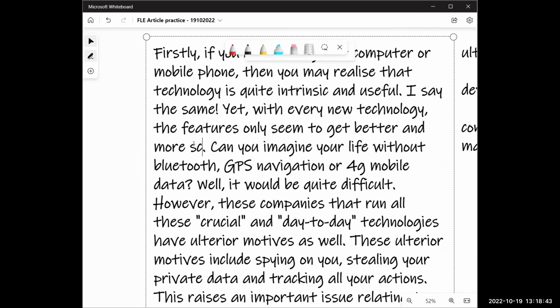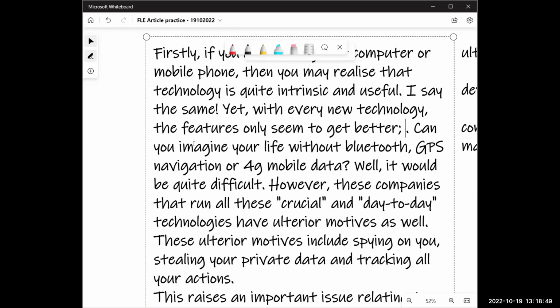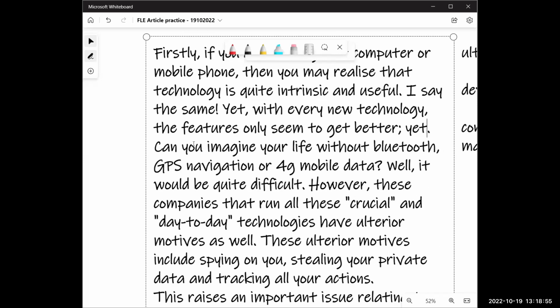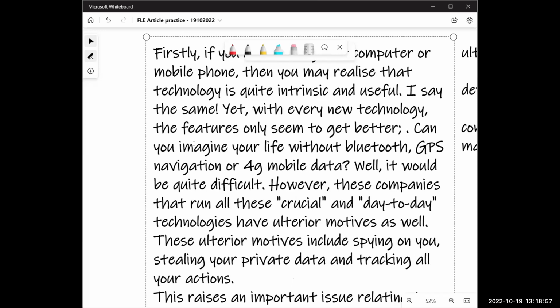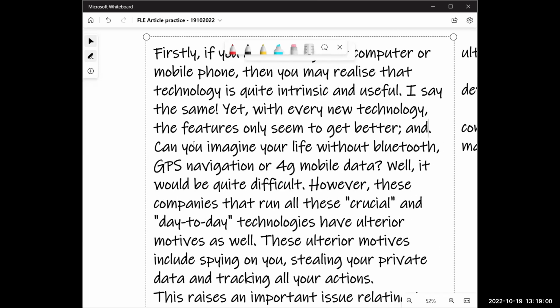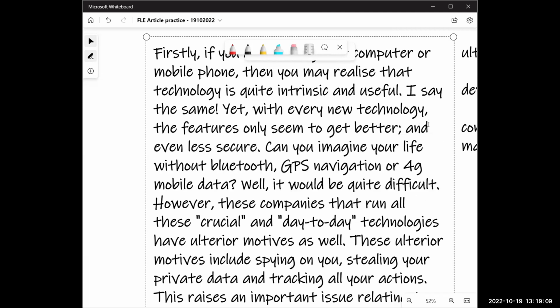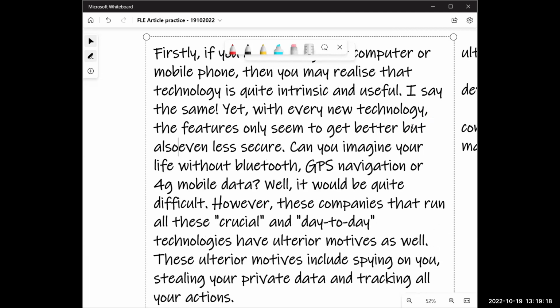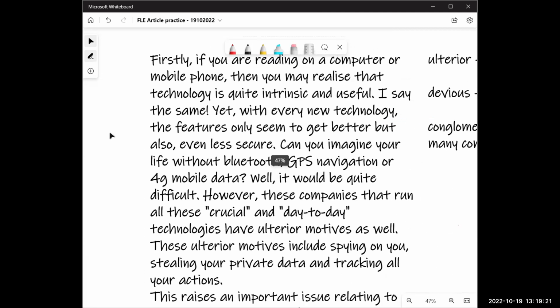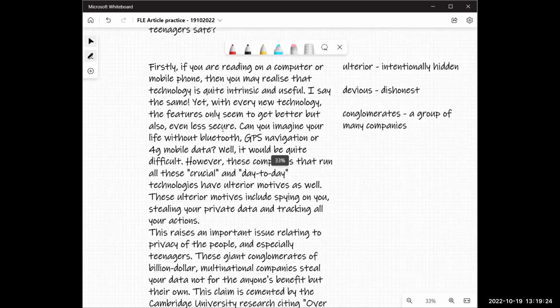Not scary. What is the other word for scary? But also get even less secure. That's it.